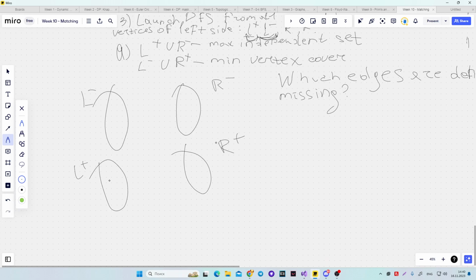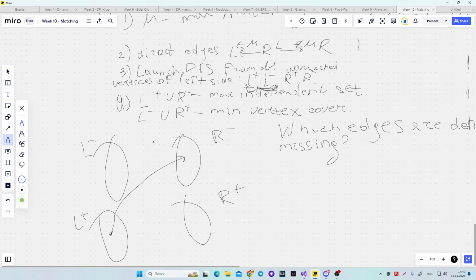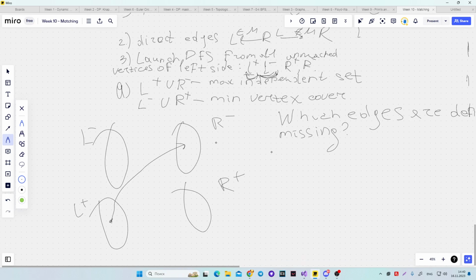Notice that this kind of edge doesn't exist, because what?